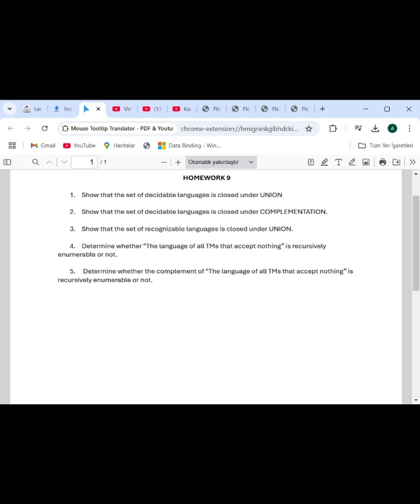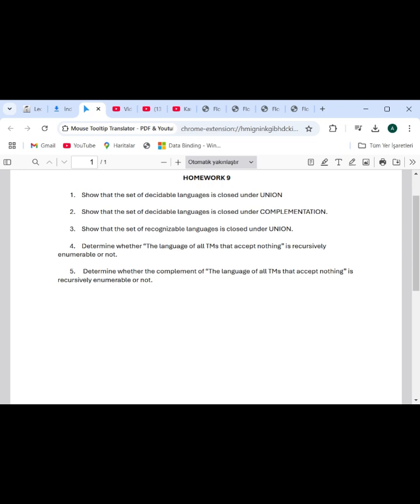Proof technique: we can prove it by contradiction. Assuming it is recursively enumerable would mean solving the halting problem. This contradicts the known undecidability of the halting problem.